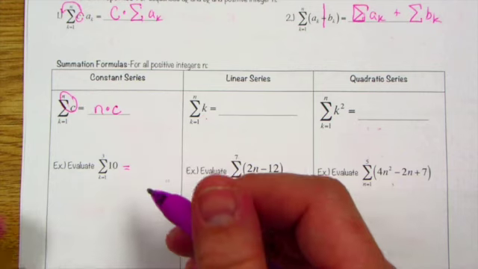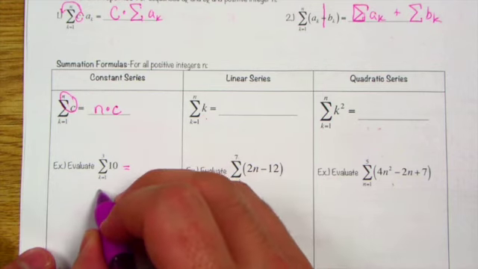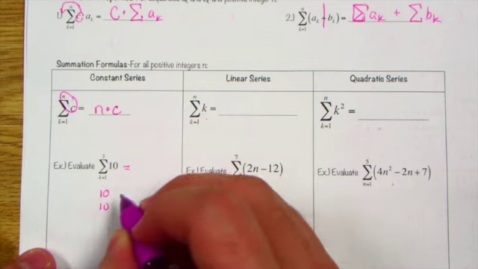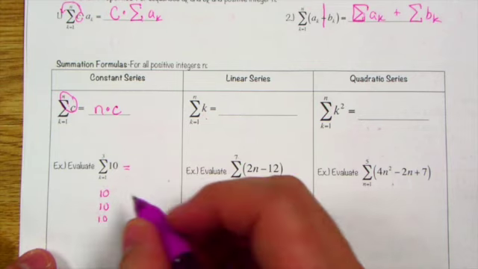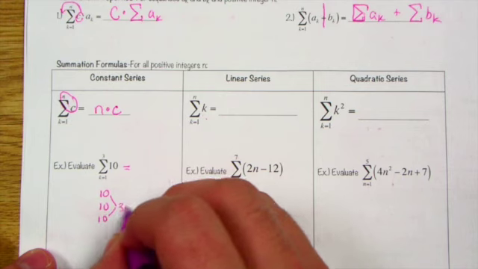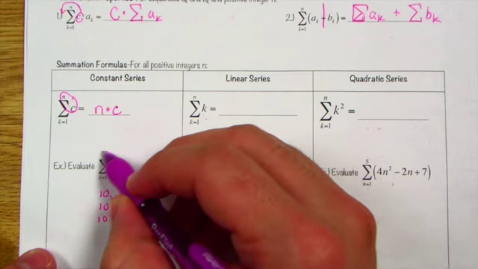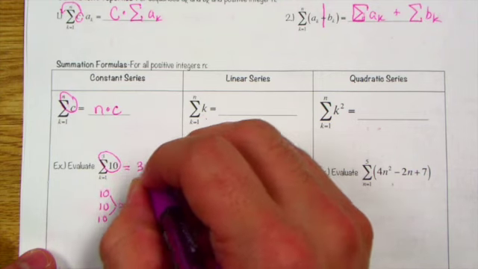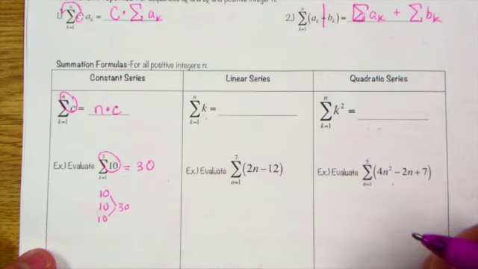Because it's just 10 and there's no variable, that means that the first term will just be 10. The second term will just be 10. And the third term will just be 10. If you add them all up, it's 30. But that's why this formula works. So you just multiply your n times your c. 3 times 10 is 30.